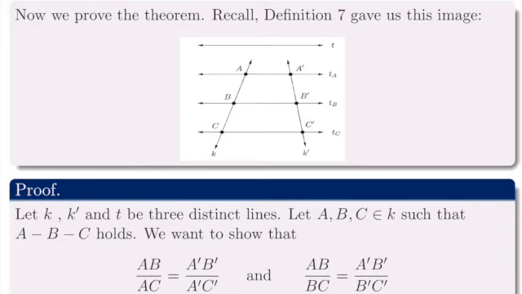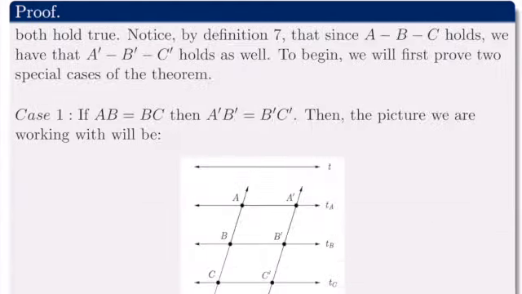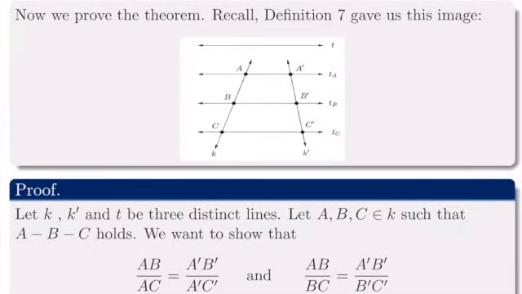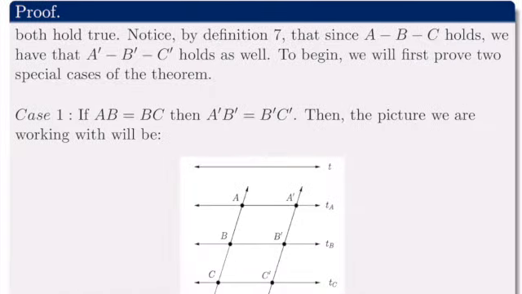So we want to show that the ratio of the distances between AB over AC is equal to the ratio of the distance between A prime B prime over A prime C prime. Moreover, the distance between AB over BC is equal to A prime B prime over B prime C prime. We want to show that both of these hold true, right?